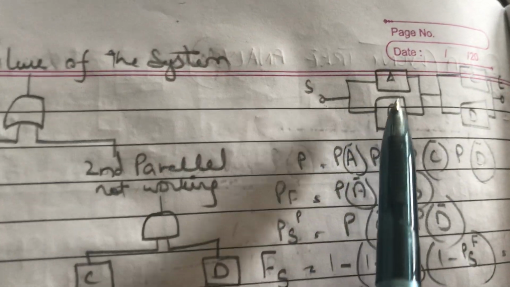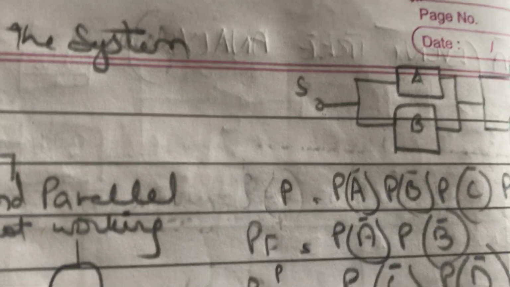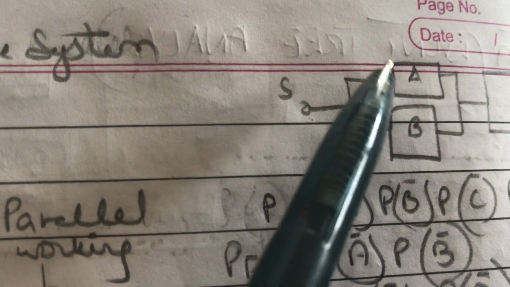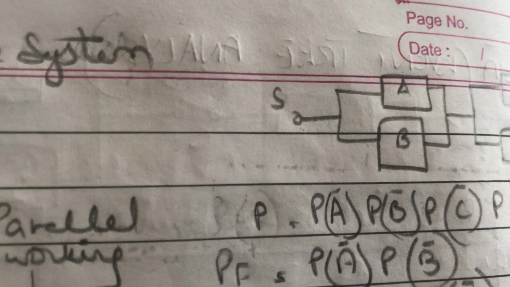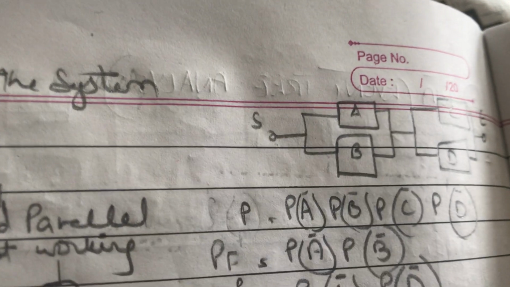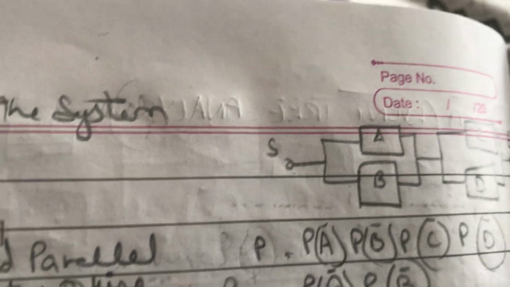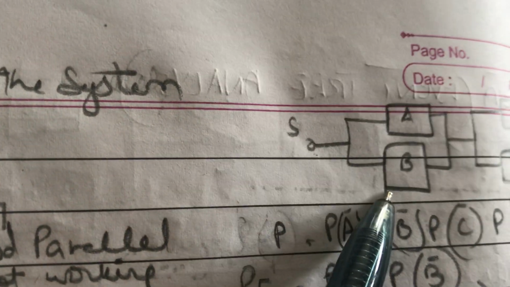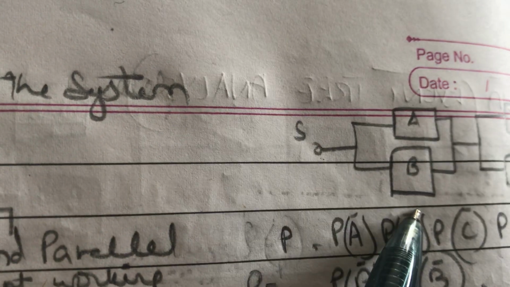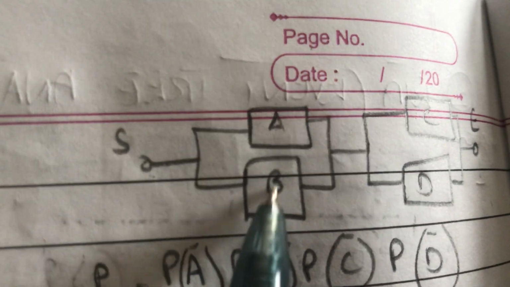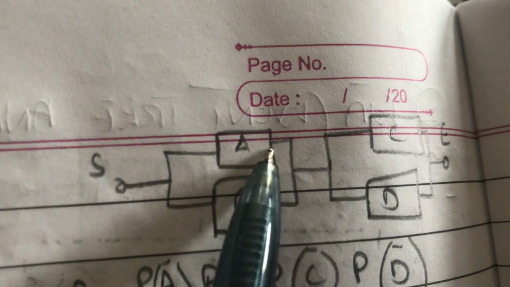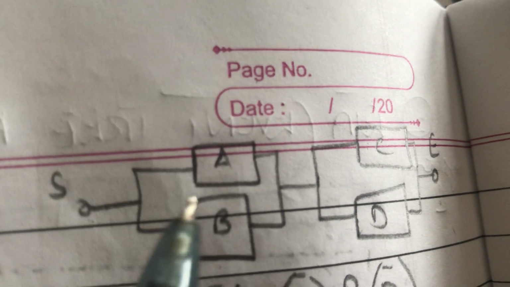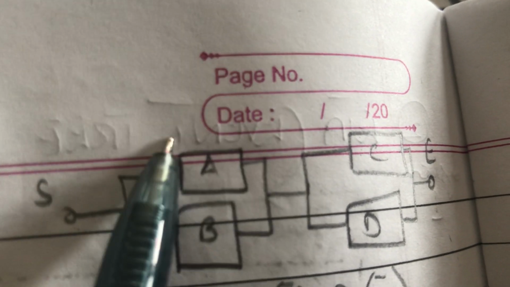When we say the first parallel is not working, what do we have in the first parallel? We have A and B, right? If A works and B does not work, it doesn't matter, because you remember in parallel we should have one component working.